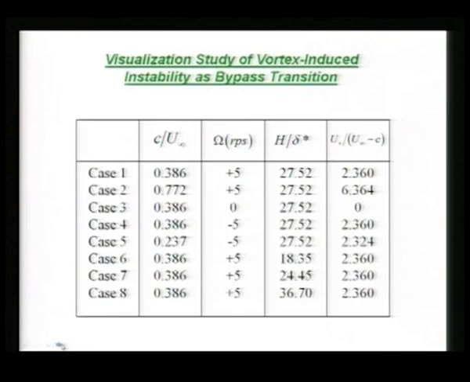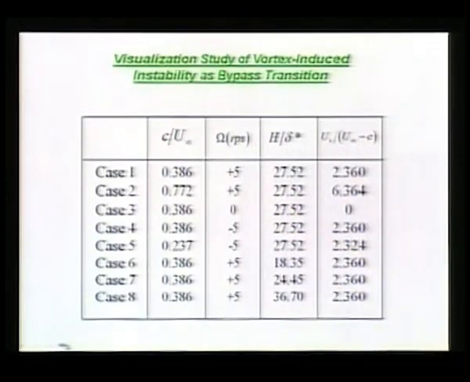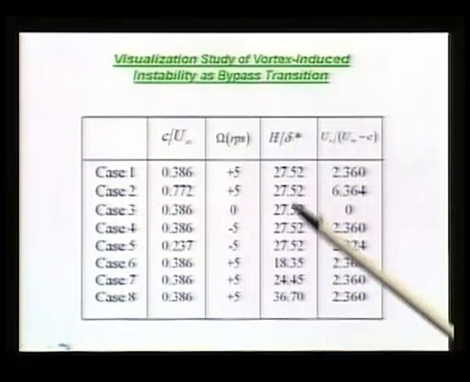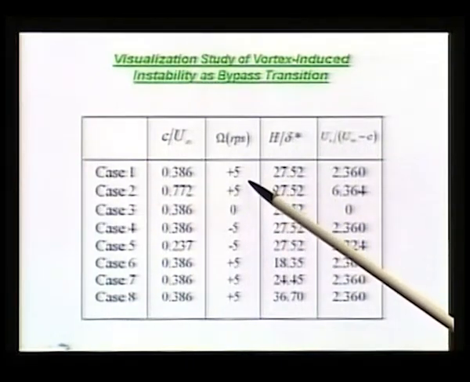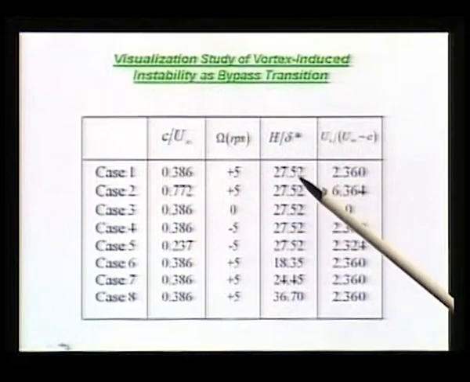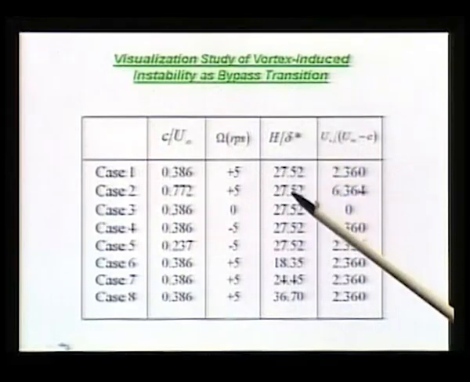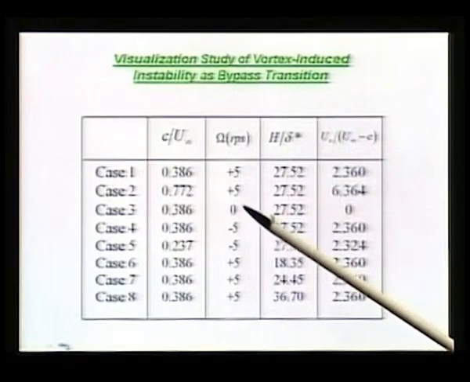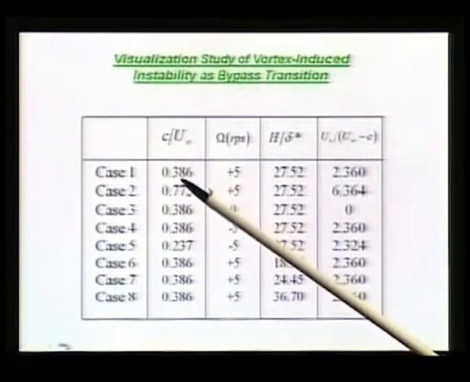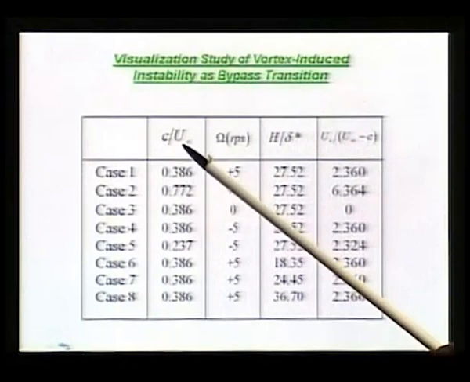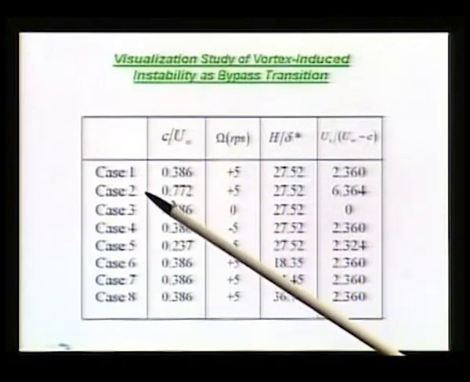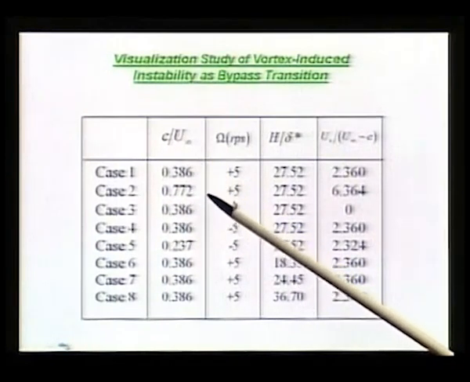First 2 cases corresponded to where the cylinder was rotating in a counterclockwise manner at a rate of 5 rotations per second. The vortex was at a height of 27 delta star above the plate, and in the first case the speed of convection of the vortex was 0.386 with respect to the free stream. In the second case it was just double of it.